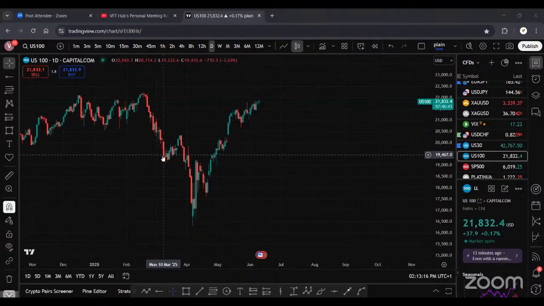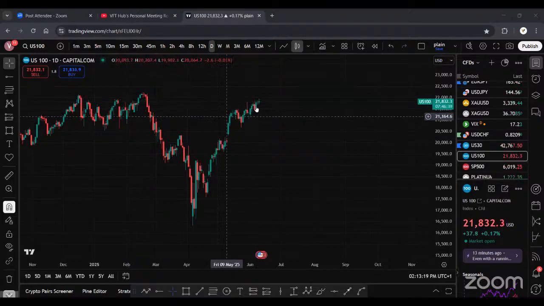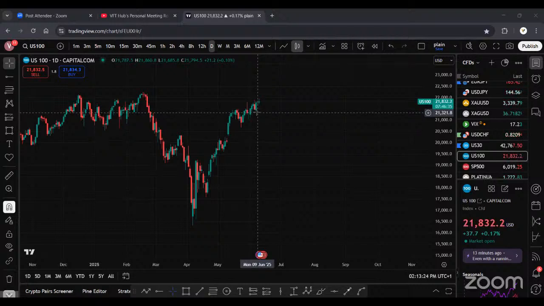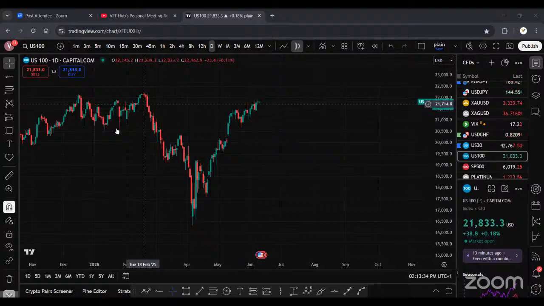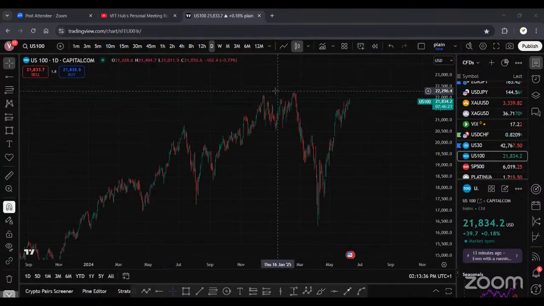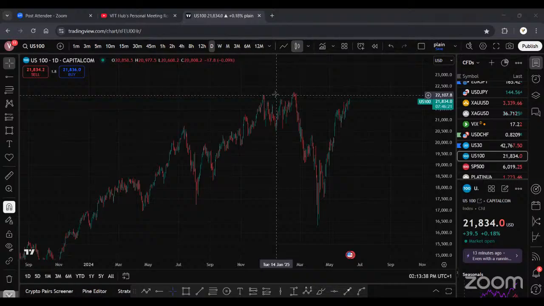Sweep and then break to the downside, and then a fair value gap here, which the market is still currently in. However, I'm not looking forward to selling this market. I want to believe strongly that the negotiation will be successful, or we have a very positive outcome from that meeting. And if that remains so, then we'll see a clear of this liquidity. We'll see price busting and creating new highs in the market, right? So our bias remains the same for US 100, which is the NASDAQ.